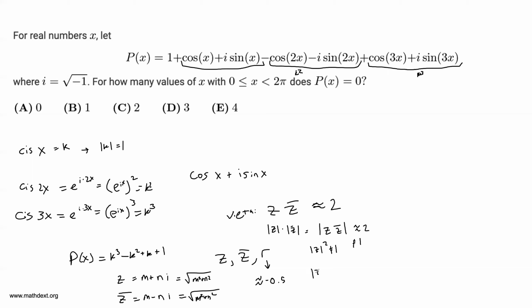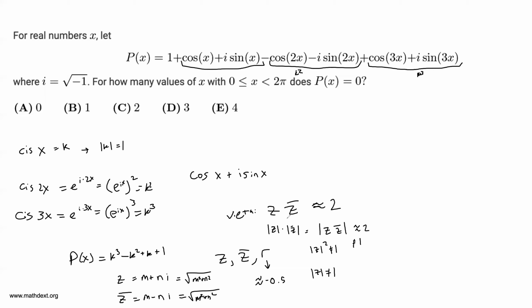So the magnitude of z is not equal to 1. But that's a direct contradiction, because the magnitude of k was equal to 1. And we saw that k was either equal to z or conjugate of z, which means that this is entirely impossible to have k with p of x equal to 0.